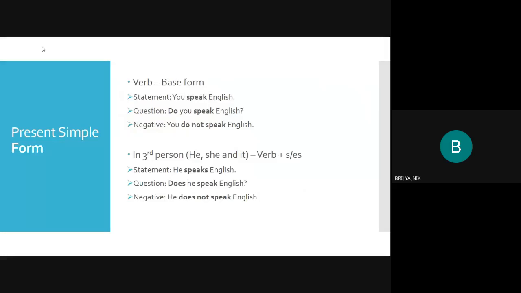I think we have done this, and this is present simple. This is the form of present simple tense. It uses the simple form of the verb. You must all know that when we use he or she, it takes the s or es with the verb. So we say he speaks, or he does, or he comes, or he talks, right?